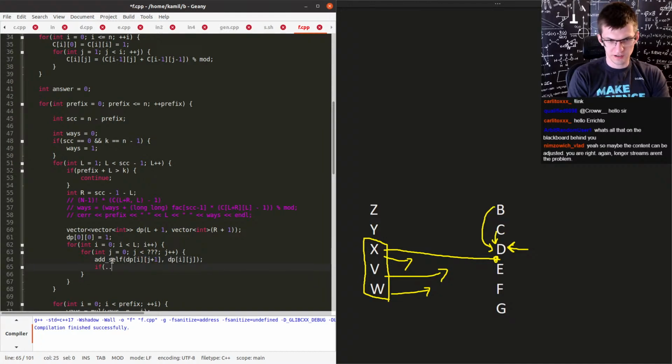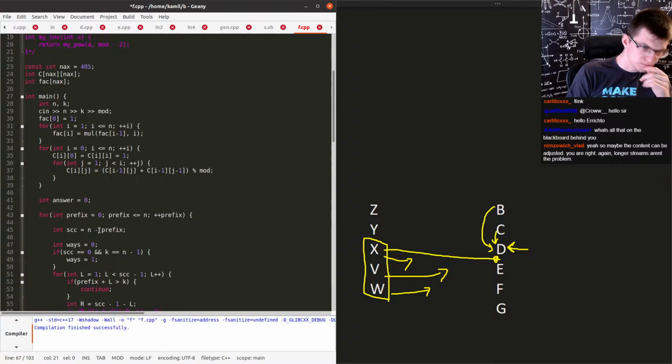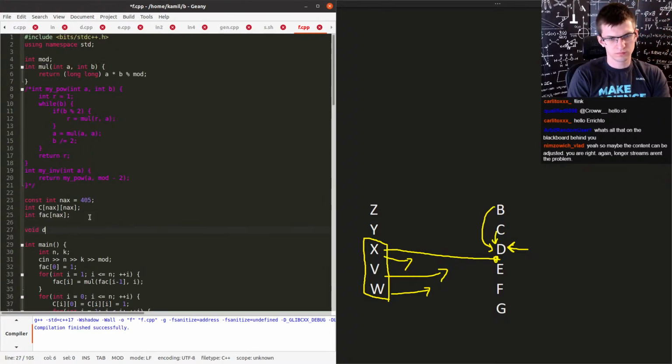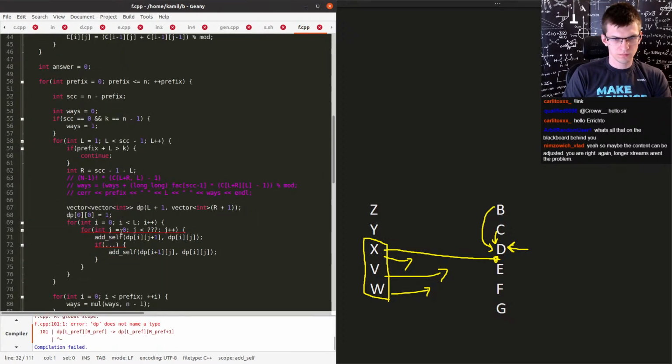And if something is satisfied, then I can move to this state. This is j equal to 0.